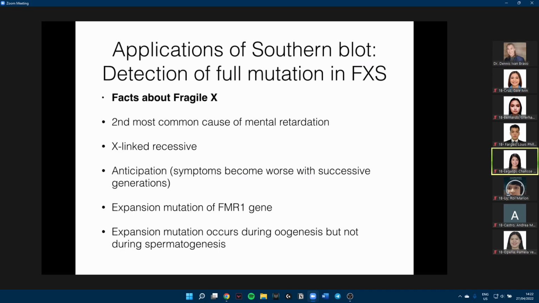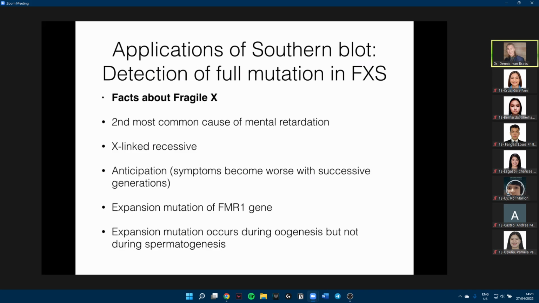Okay, good. So the mode of inheritance here is X-linked, but it's an anomalous X-linked pattern because it displays what we call anticipation. This anomalous pattern is dubbed Sherman's paradox, when they were not able to explain why. What is anticipation? Well, the symptoms become worse with succeeding generations. In other words, the grandfather is dumb, the father is dumber, the grandson is dumbest.